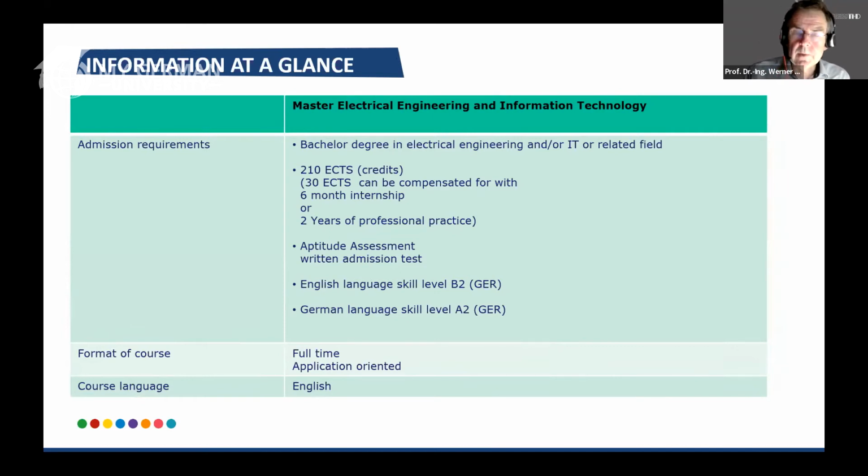If not, so if you have only a 3-year, 6-semester bachelor, you can gain an additional 30 ECTS credit points by doing a 6-month internship, or if you have 2 years of professional experience. Otherwise, you need 210 ECTS credits from your bachelor's.